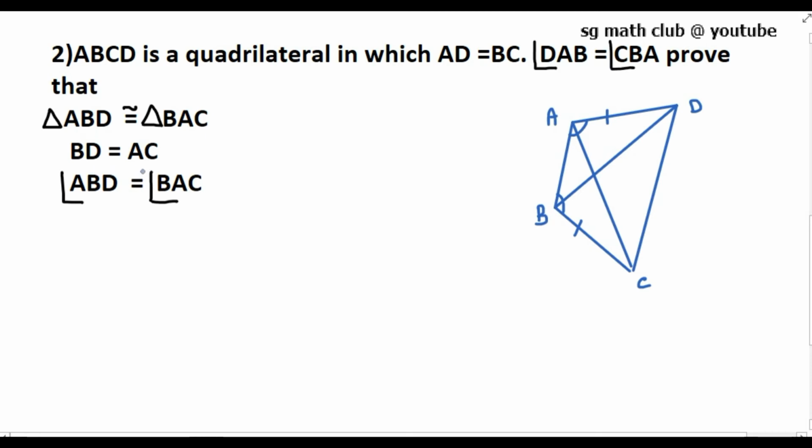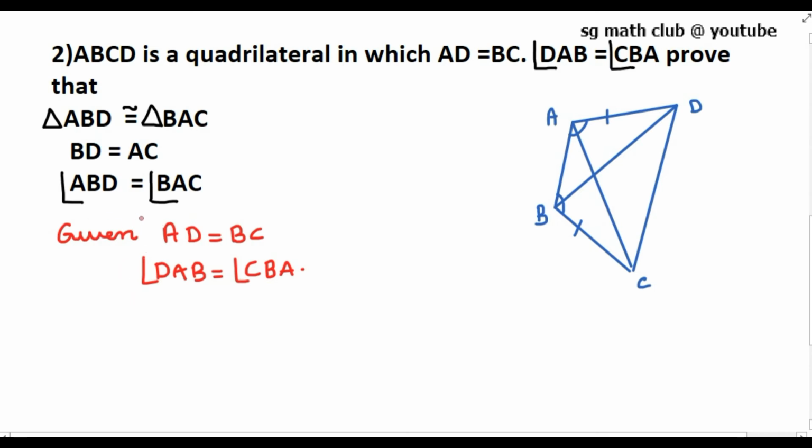Also BD equal to AC, and angle ABD equal to angle BAC. So first we will write the given. They have given AD equal to BC, and also angle DAB equal to angle CBA. We need to prove all these three.